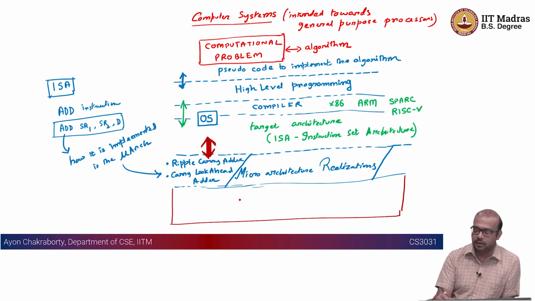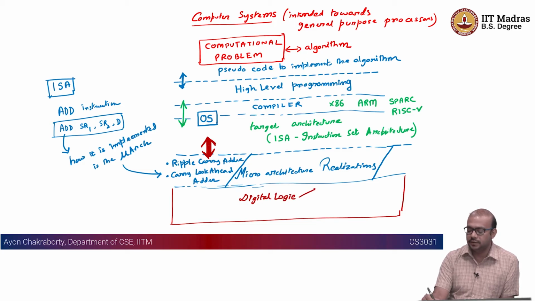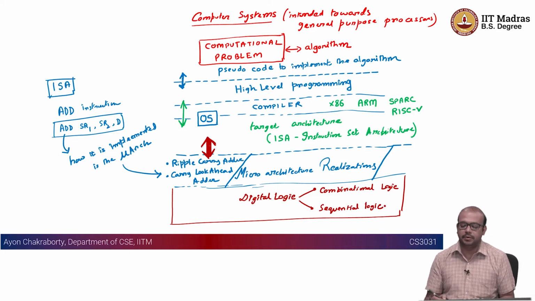This is basically your digital logic constructs. So to logic, and in particular we have looked into two kinds of things. One was the combinational logic, the other one is the sequential logic. So in very simple terms, as far as our computer is concerned, what is happening in a clock cycle is typically the combinational logic, right?